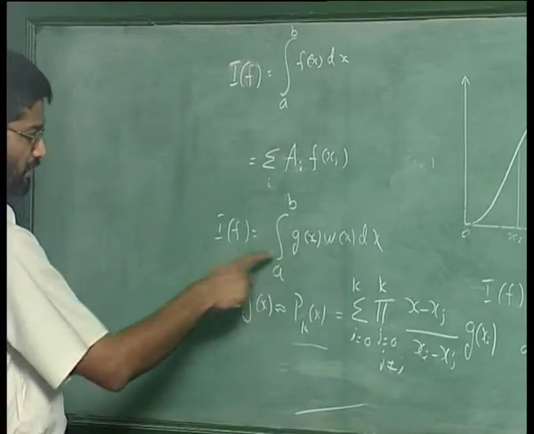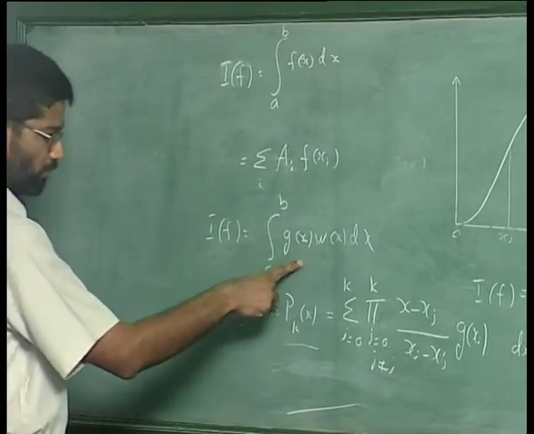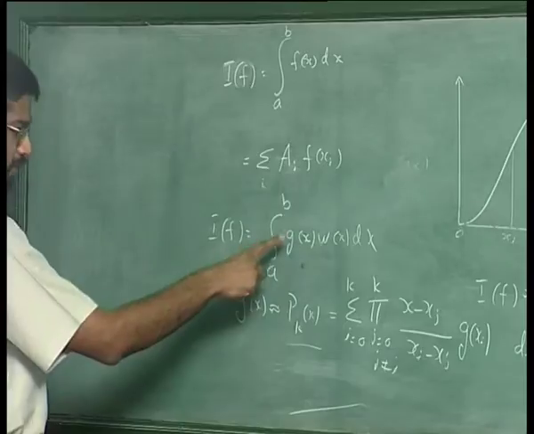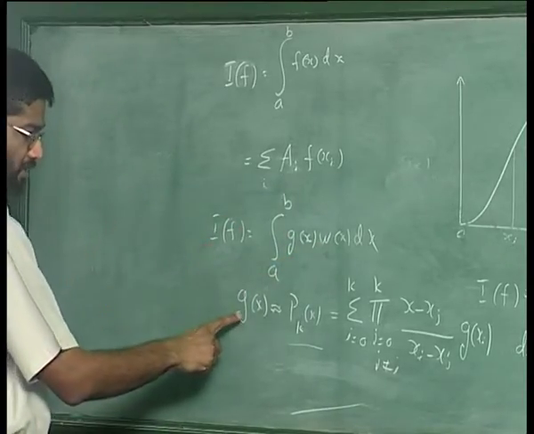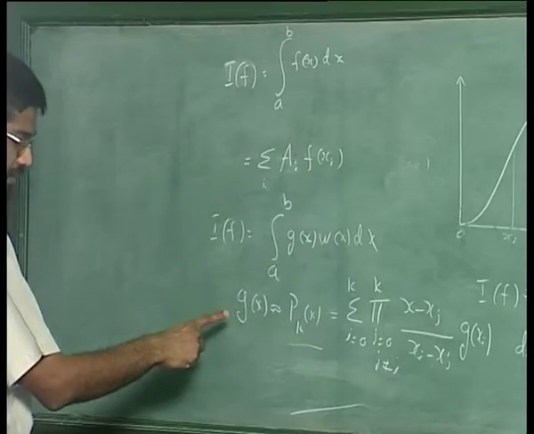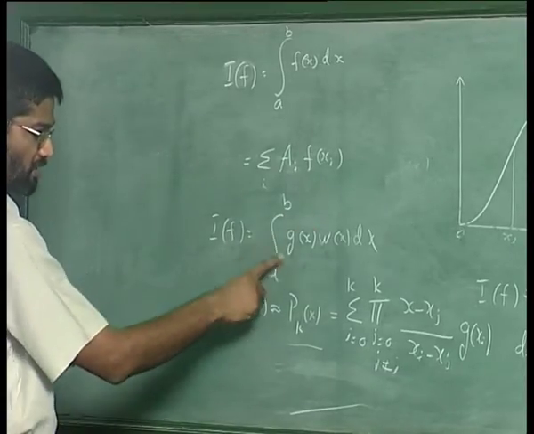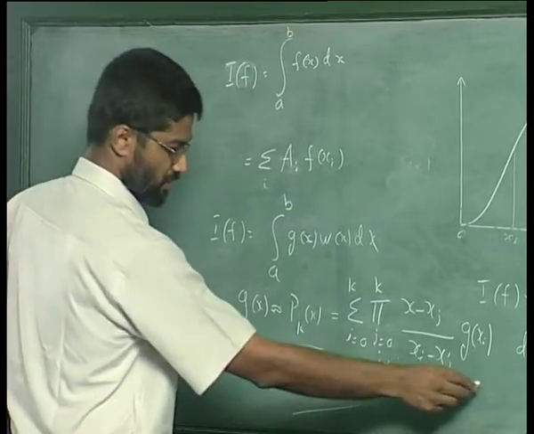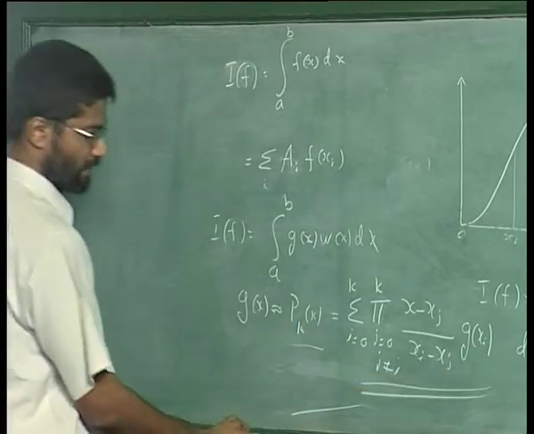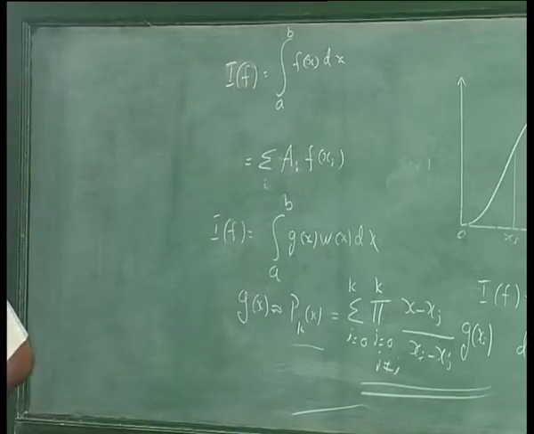So we write the integral in this form and then choose the appropriate w depending upon the limits, and we write the polynomial. This g is approximated by a polynomial p, which is given by this quantity, and that was the basic idea of this integral.